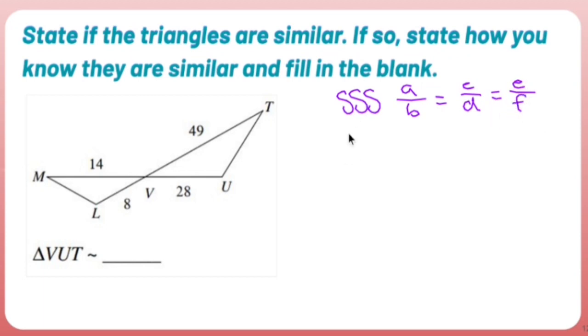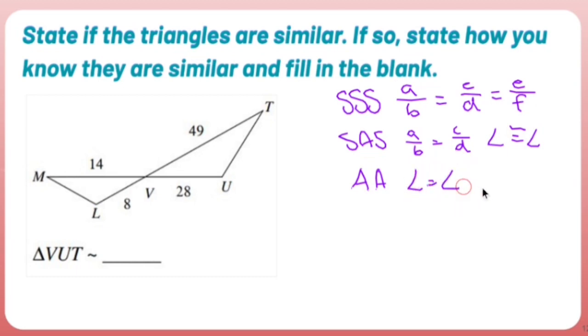That's SSS. I also could use SAS, which is, are two sides proportional and are two angles congruent? If so, SAS. Or I could use AA, which says, are these two angles the same? Are these two angles the same? Oh, well, then the third angles are going to be the same, AA.